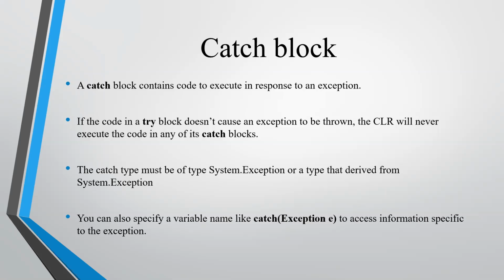The catch type must be of type System.Exception or a derived class of System.Exception. The catch type means the type of exception. We can also specify a variable name: you write the catch keyword, in the brackets you write the exception class, then you give a variable name, like you can see here, small e. We can use that to access information specific to the exception or to handle any kind of exception.